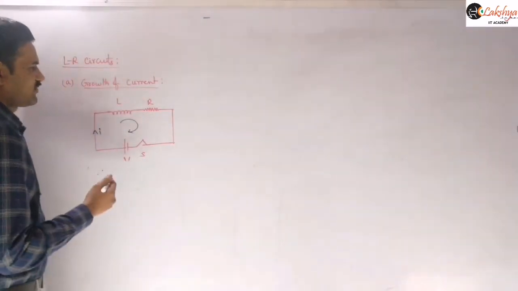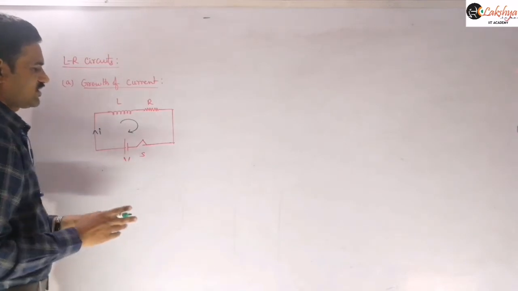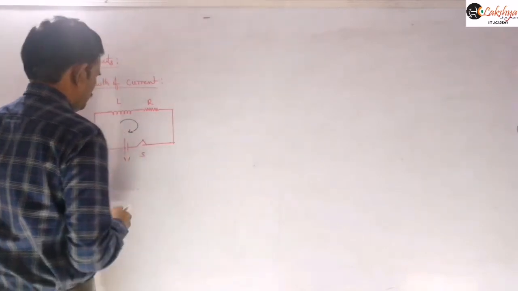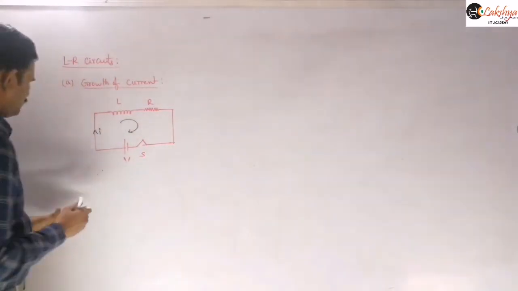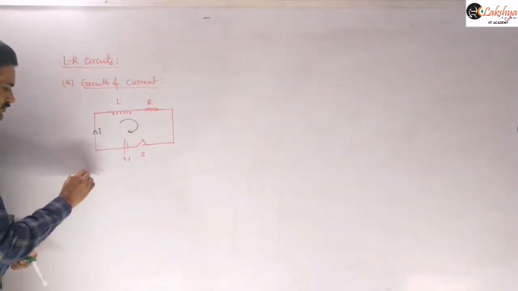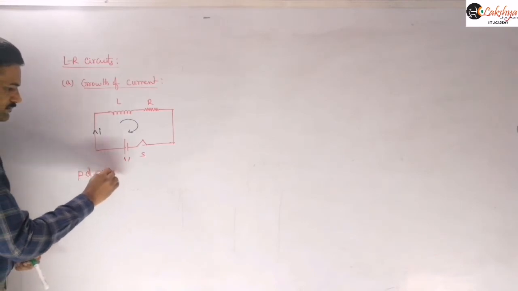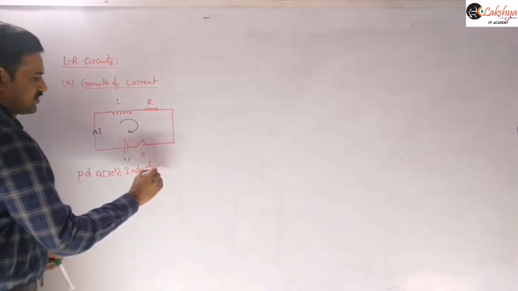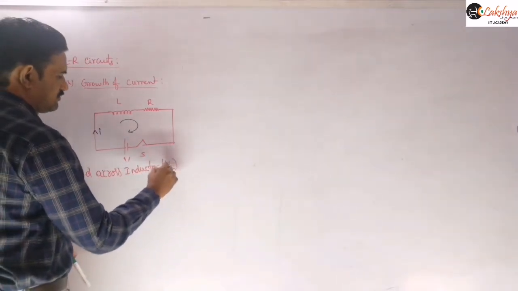So now let us write the potential difference across this inductor and across that resistance. Potential difference across the inductor, which is VL.